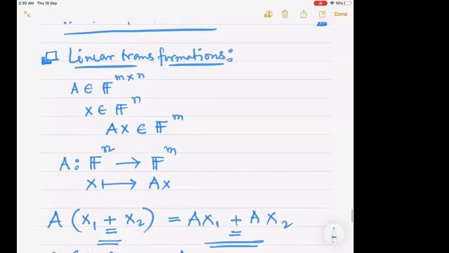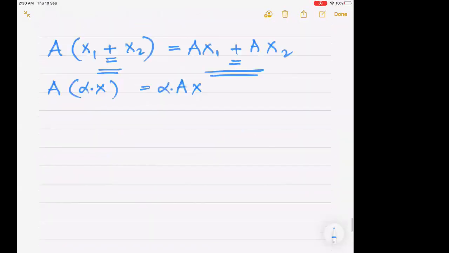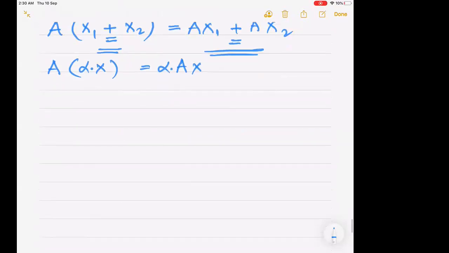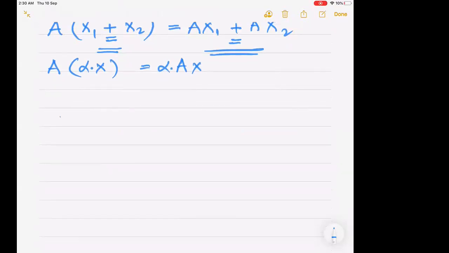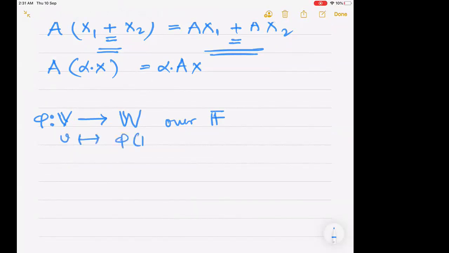So what is a linear transformation? We have a vector space V and a vector space W, both over the same field F. Suppose phi is a mapping from V to W such that any vector v is sent to phi(v), which we define as w.